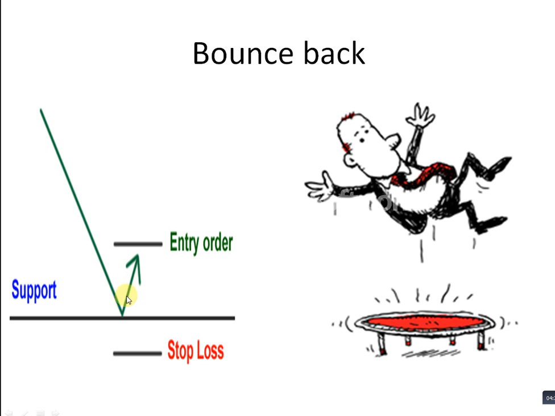It might just be a pullback, where it moves a little bit backwards, then continues with the downtrend. It's possible. It might be an uptrend, then it reaches a certain point, then it bounces back for a certain period, then might continue going down again. So this is a bounce back.